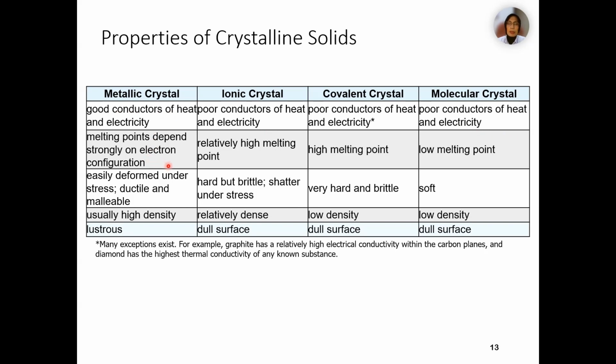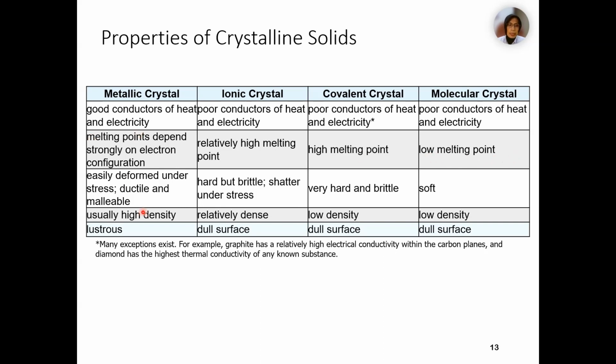It can be very low, like in mercury, but very high in tungsten. Ionic crystals have relatively high melting points. Covalent crystals have very high melting points. And for molecular crystals, because the atomic bonding is secondary bonding, they have low melting points.